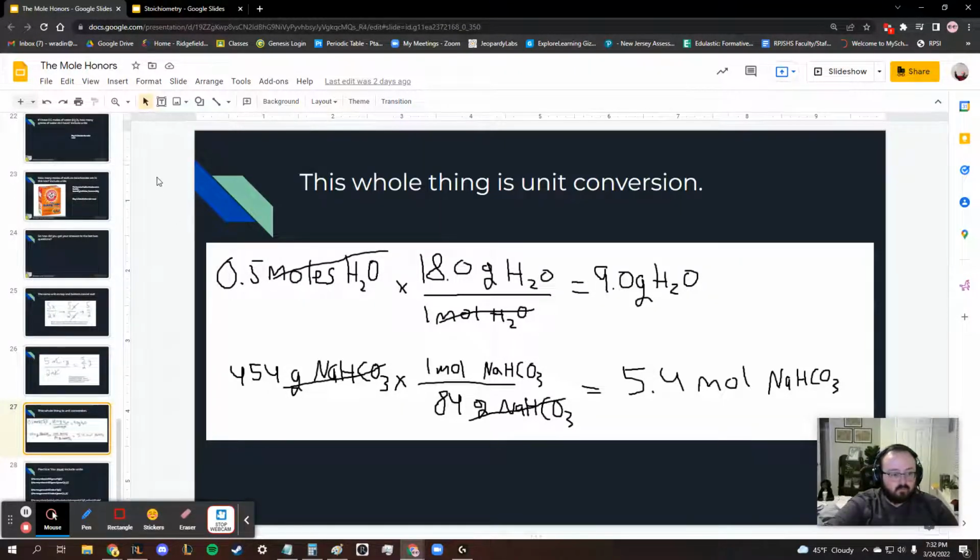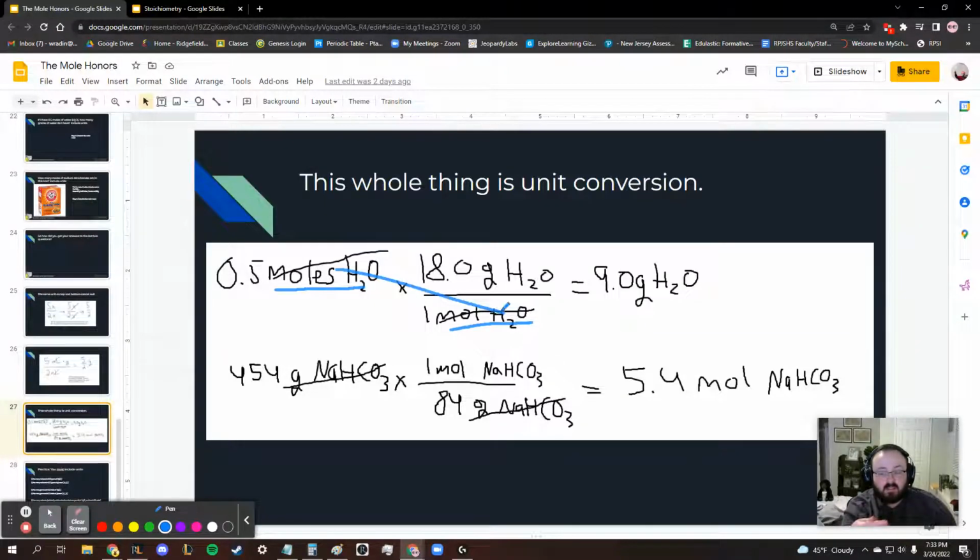Notice again, when I write this, my units, moles of H2O, are across from one another. So every time that you do this, make sure that you have the same unit on the top and the bottom of your equation. And the best way to check is by making sure they are across from one another. So if you're converting from moles into grams, your grams is going to be on top.